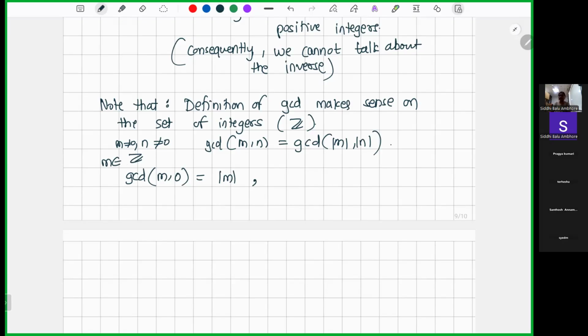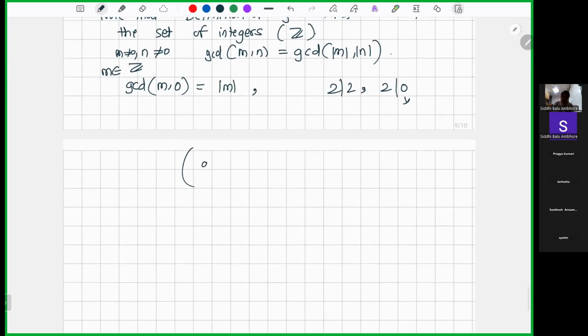And why is that the case? Because 2 divides 2 and 2 also divides 0. When we say A divides B, that means B is C times A for some C in N or Z, whatever the given set is.